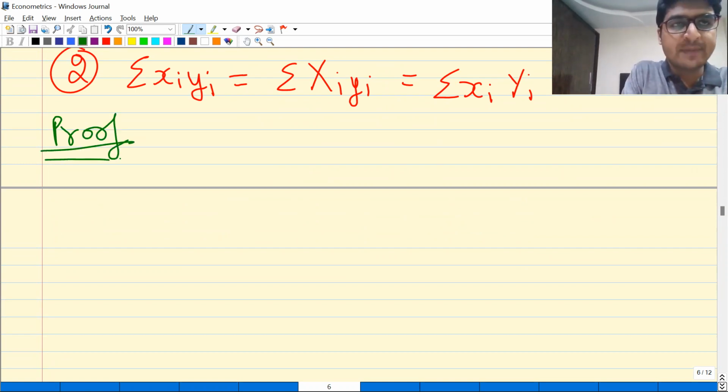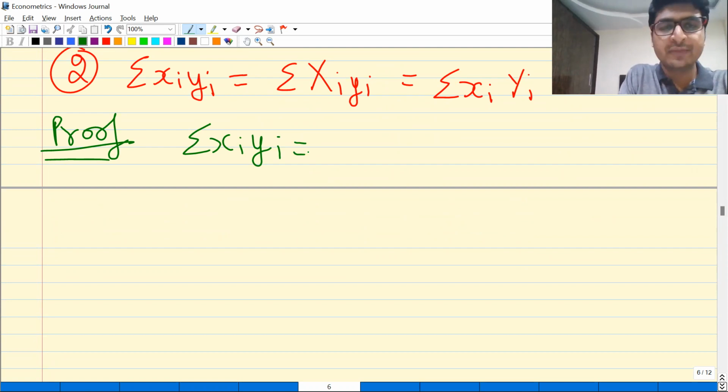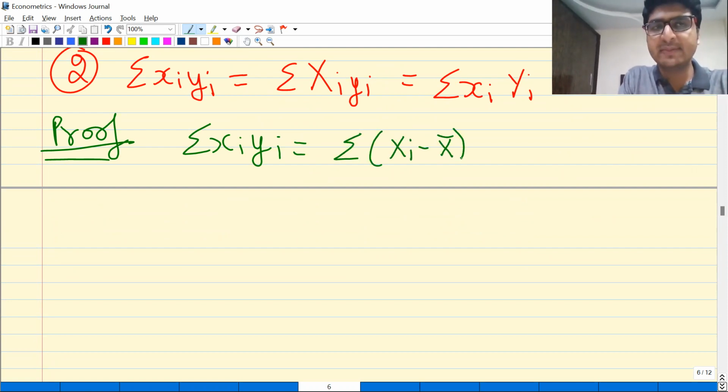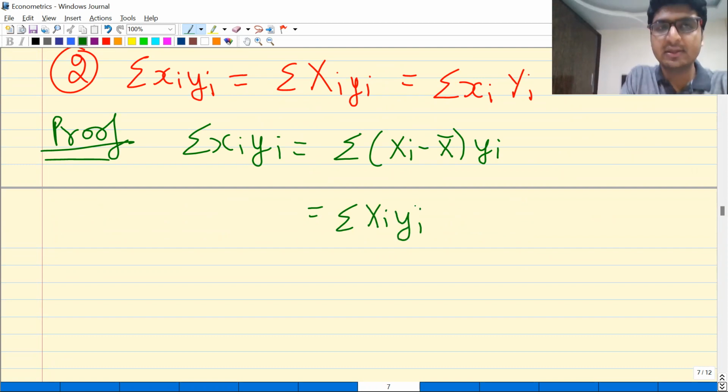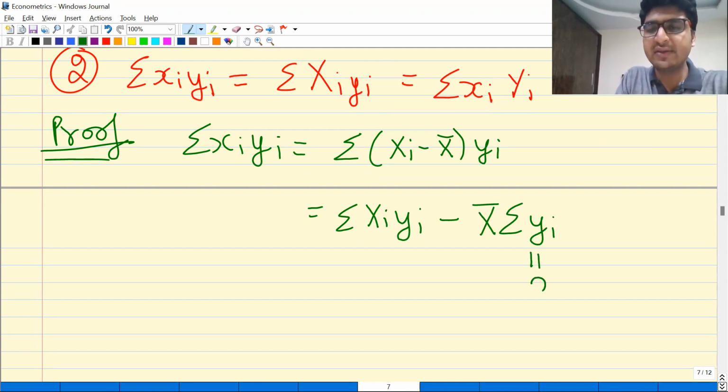Okay, so let me begin with left hand side, which is summation xi yi. तो इसे मैं लिख सकता हूं summation Xi minus X bar into yi, and it is equal to summation Xi small yi minus X bar is a constant, तो वो आ जाएगा बाहर into summation yi. We know that summation yi is equal to 0. ये अभी हमने फर्स्ट पार्ट में किया था.